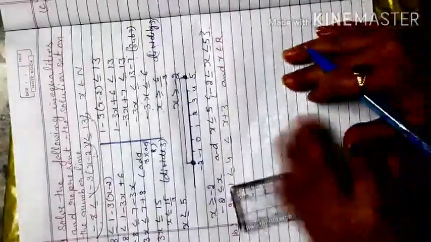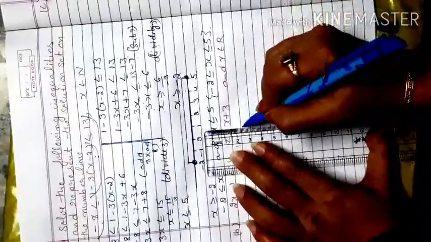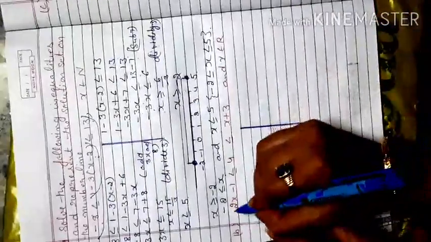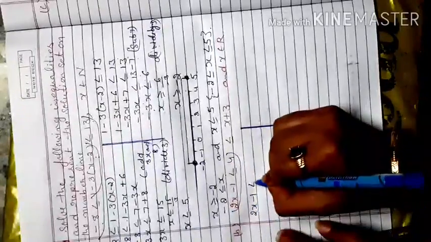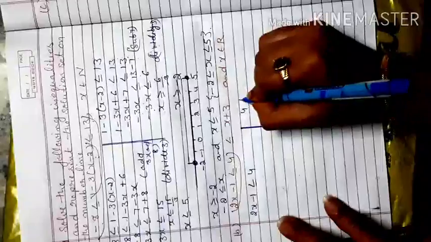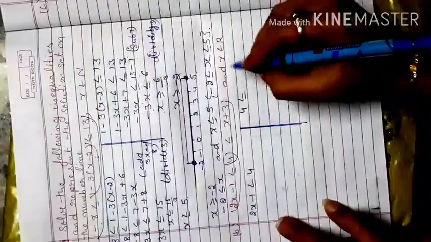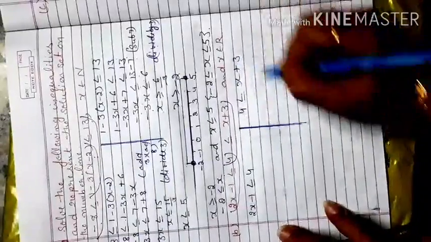Next equation is also same type, your B part, question number 4, B part here. So इसको भी हम यहाँ से पहले इन दोनों को सेपरेट करेंगे। 2x minus 1 less than equal to 4, 4 less than equal to, मिडल टर्म दोनों टर्म के साथ इक्वेशन बनाएगी, फर्स्ट और थर्ड टर्म के साथ। 4 less than equal to x plus 3.